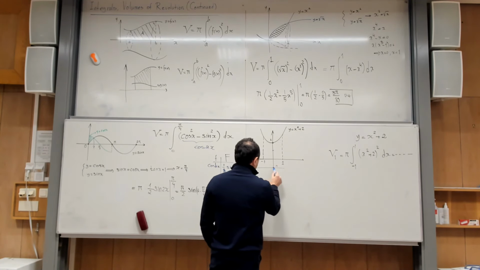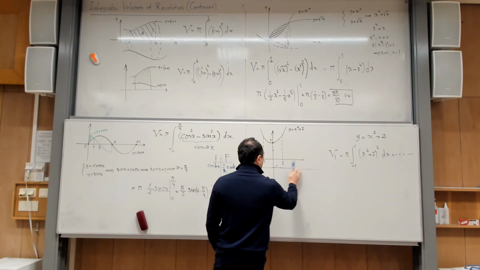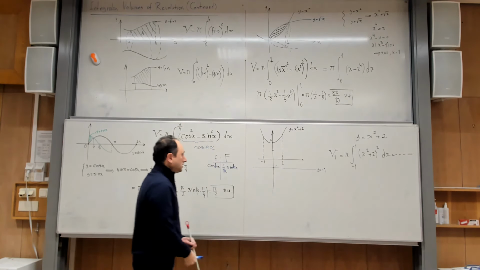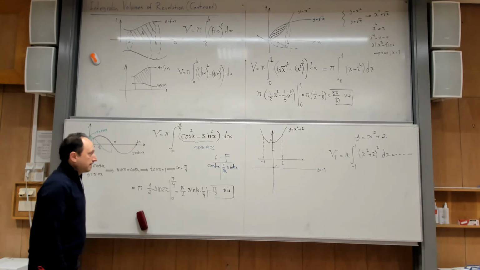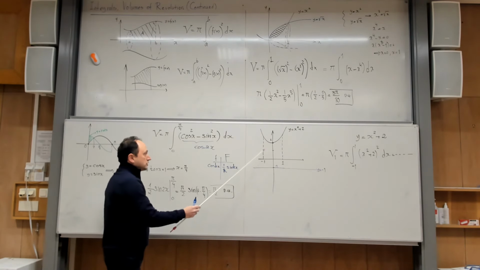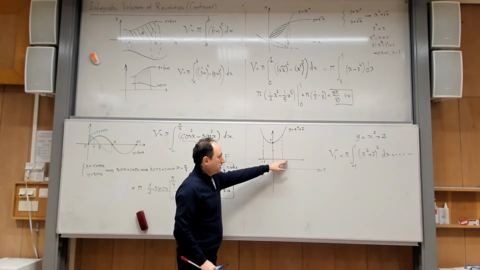Yes? Yeah, so this is the horizontal line, y equals minus 1. Okay. And then you want to rotate about this axis rather than the x-axis.